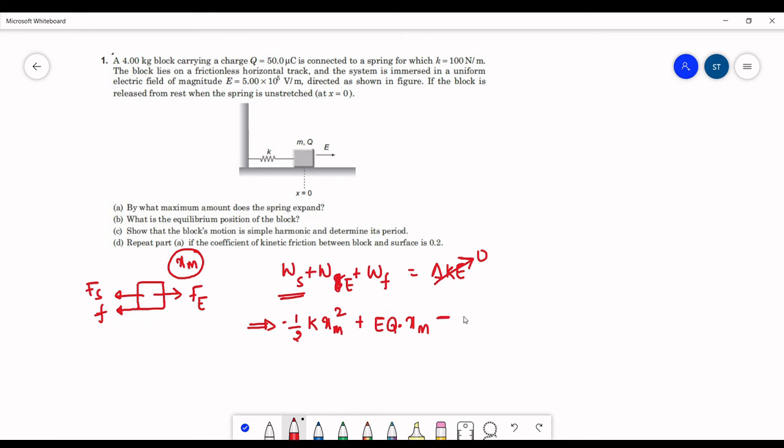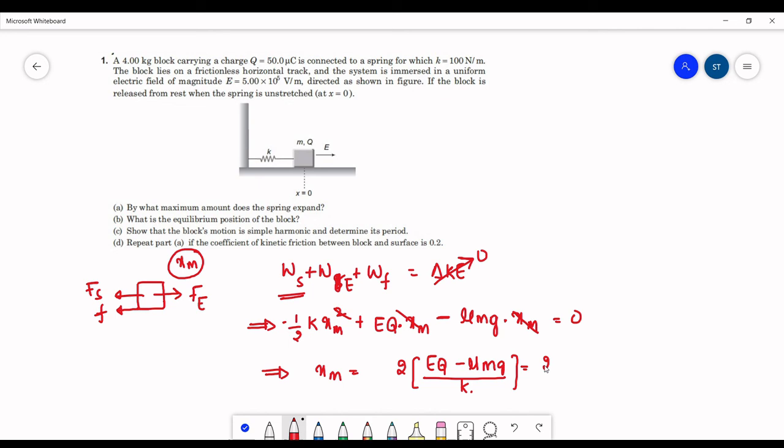So here the frictional force will be mu mg into xm, and the sum is equal to 0. We can cancel out an xm here. So from this we can write xm is equal to 2 into (EQ minus mu mg) upon k.